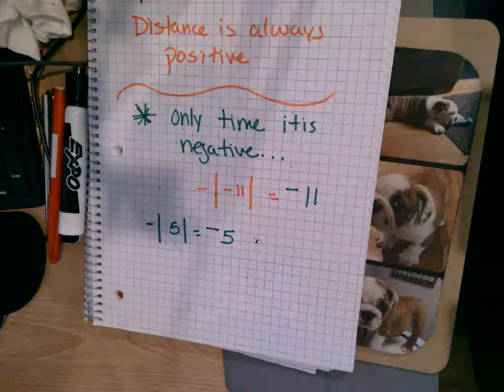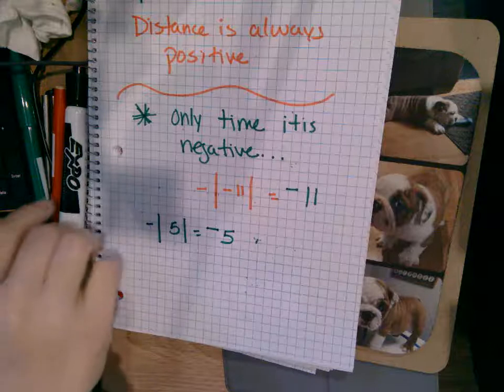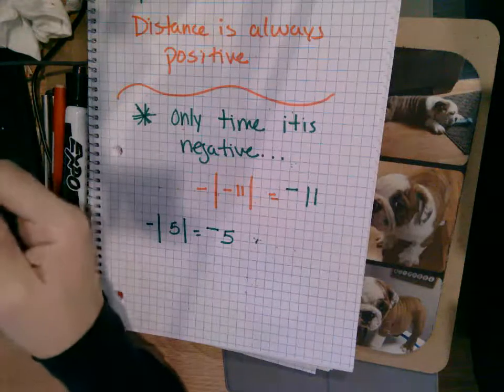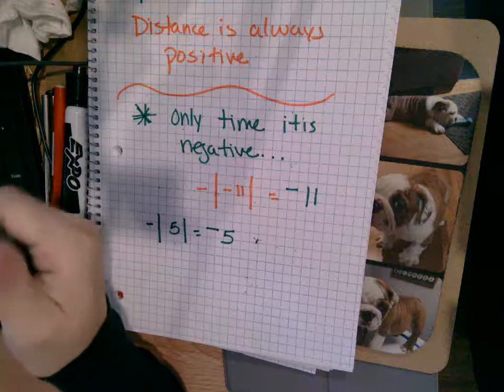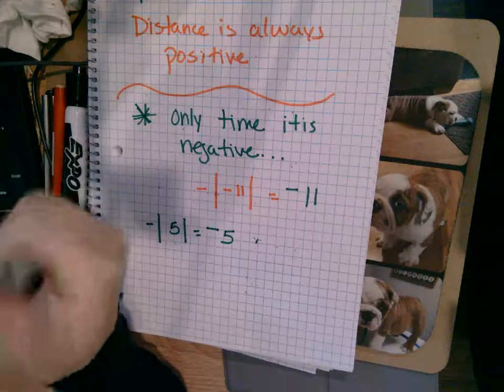Yes. What if it was a line that said -5 and then a line, what would that be in the equals? A line? What do you mean a line?